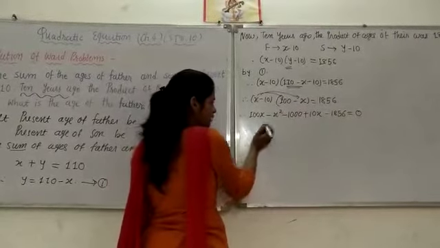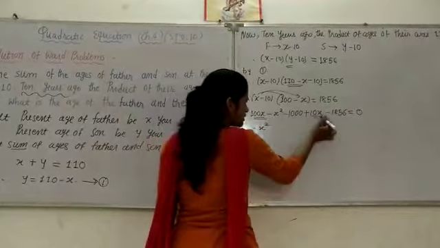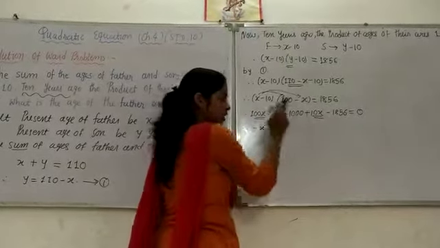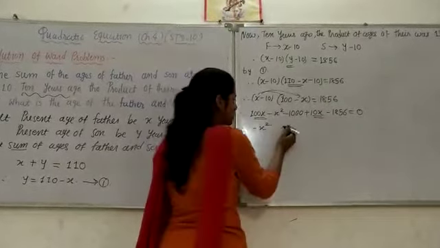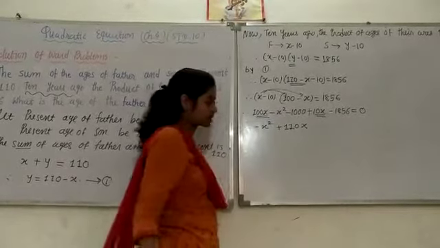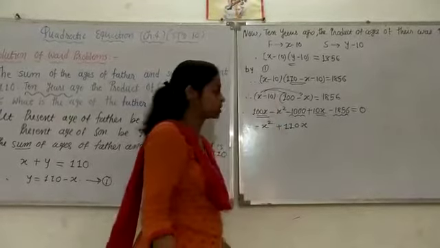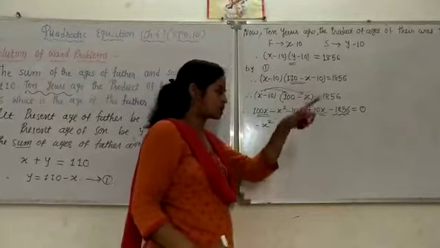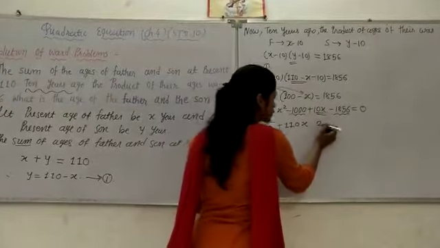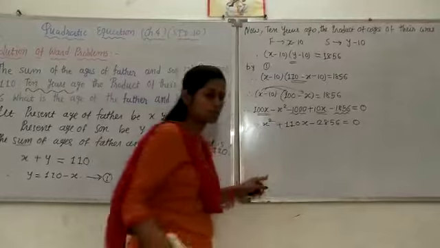Now collect like terms. This is your minus x square. 100x and 10x are like terms, so 110x with sign plus. Now minus 1000 and minus 1856, so the addition of these two is 2856, with sign minus, which is equal to 0.